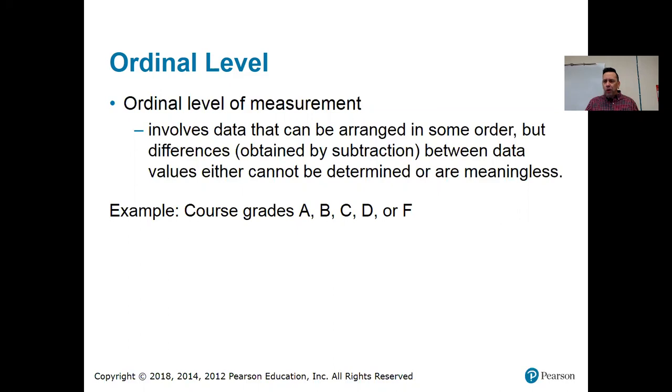Well, that person just subtracted. They found the difference between 2 grades. An A is 2 grades higher than a C. So that suggests that maybe it's 1 level up from ordinal. But I try to use, for example on my exam, ones that are a lot more clear than that.